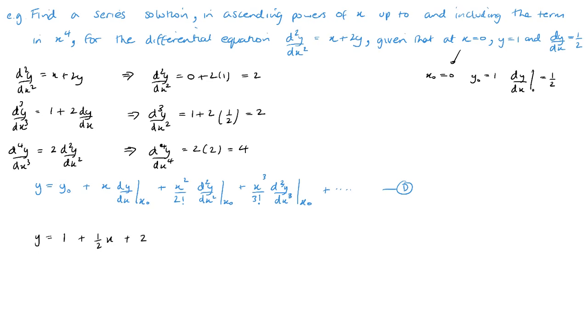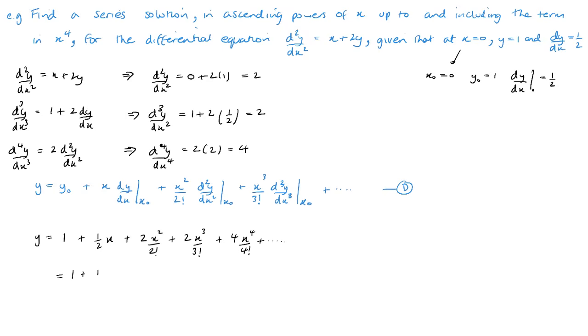So 2x squared over 2 factorial plus. Now the d3y by dx cubed is here. It's 2 as well. So it's going to be 2x cubed over 3 factorial plus 4x to the 4 over 4 factorial. Obviously this would keep on going.